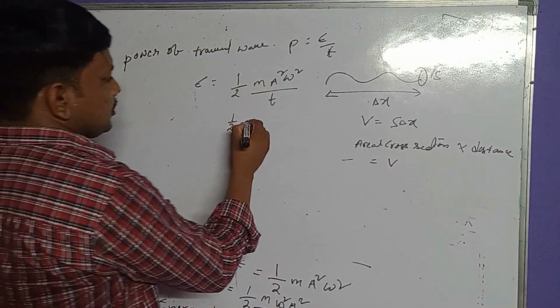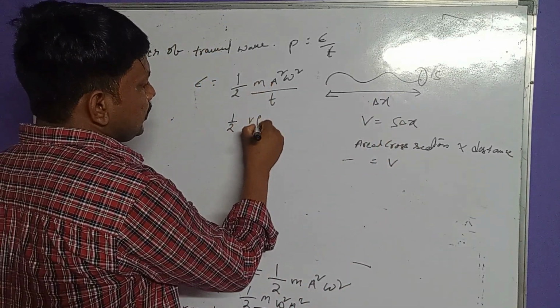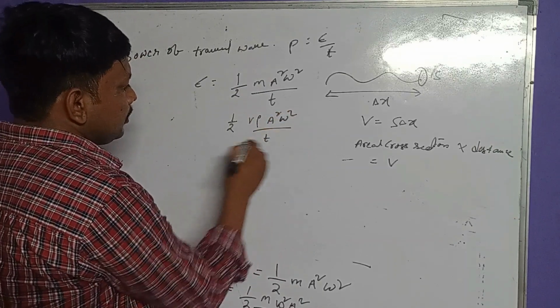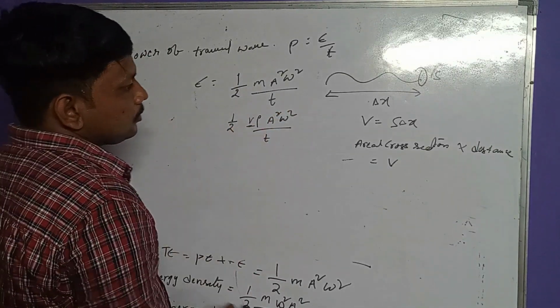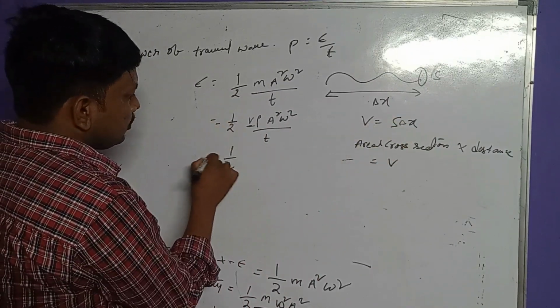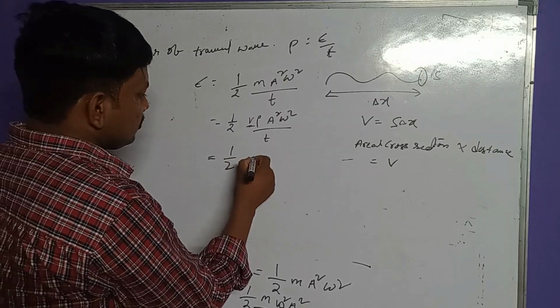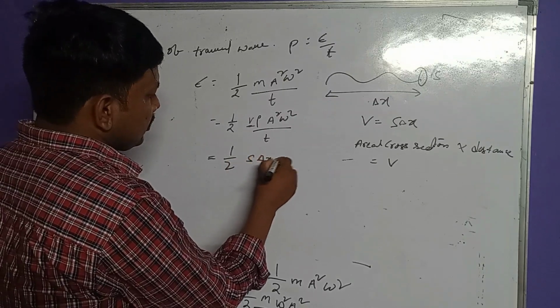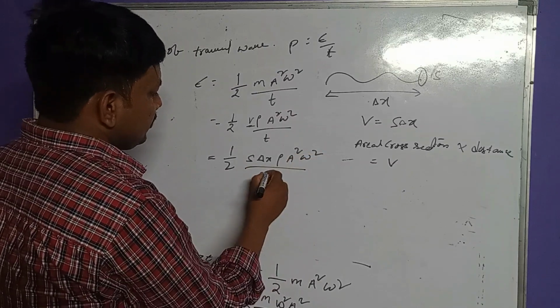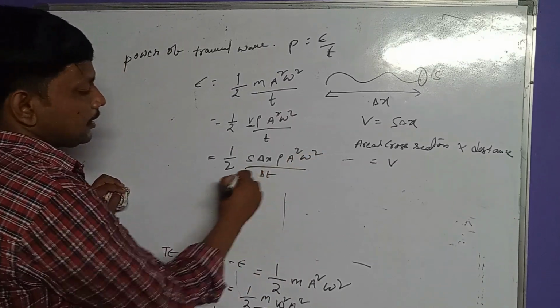So mass is equal to volume into density. Here V is equal to S into delta x, so power is half S delta x rho a square omega square by delta t.